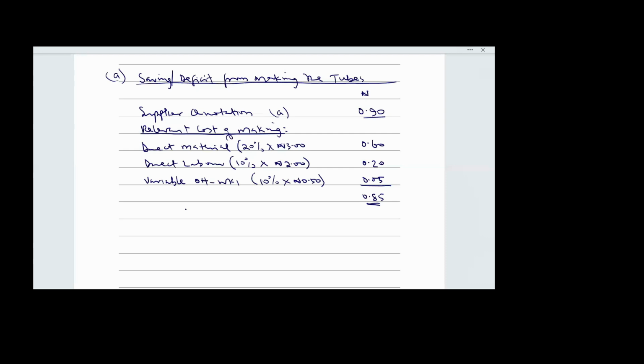Here is B, total relevant cost per tube. Our savings will then be equal to the difference between the two, which is 0.05.